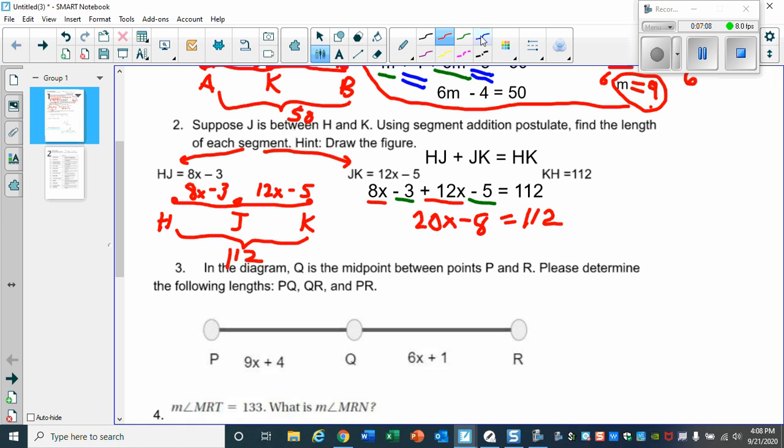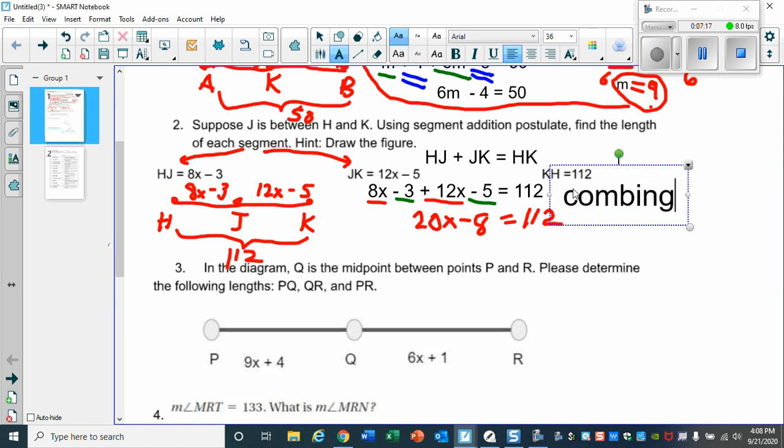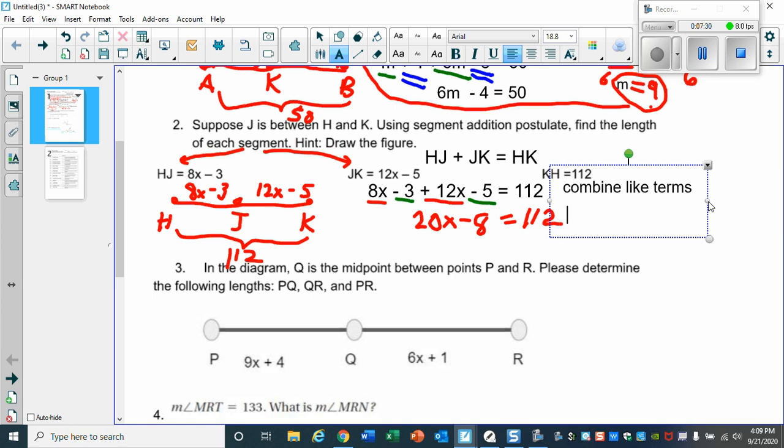Now you solve for the variable like before. First step, combine like terms if possible. And then solve for the variable. That's going to involve doing some work with inverses and everything.